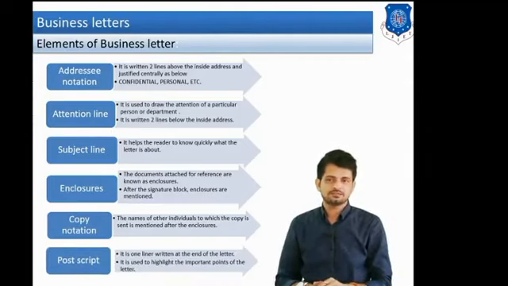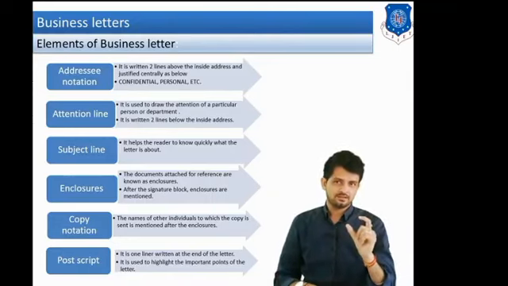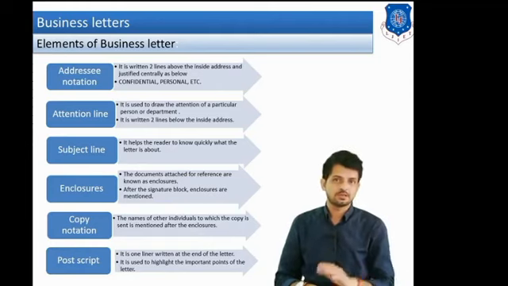And the last one is postscript. So what is postscript? Postscript is a one-liner that is written at the end of the letter. It is used to highlight the main points of the letter. If you want to highlight the main points, postscript is used.